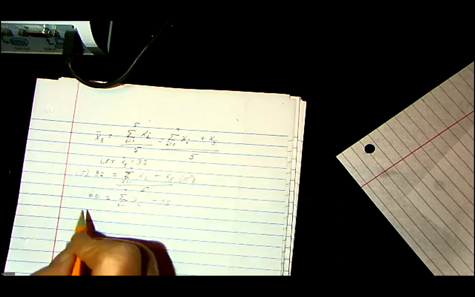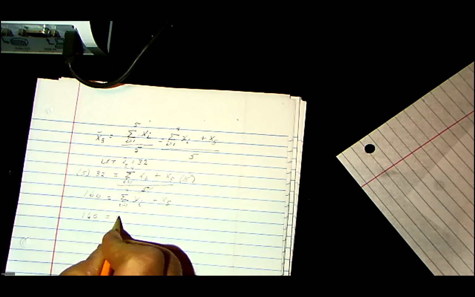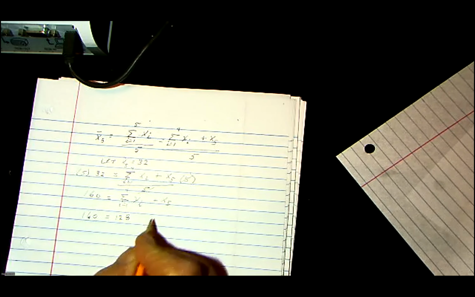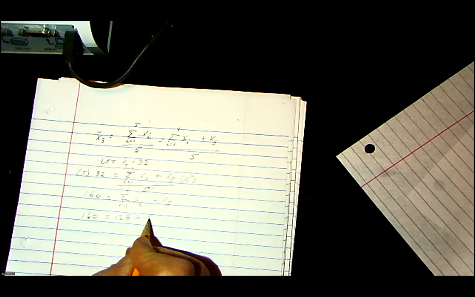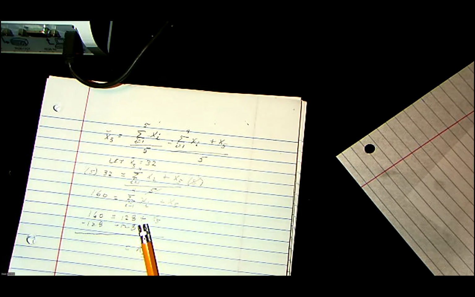So we have here 160 is equal to 128. That's just adding the four numbers together plus x sub 5. So if I subtract, I can solve for x sub 5, and we have x sub 5 is equal to 160 minus 128.